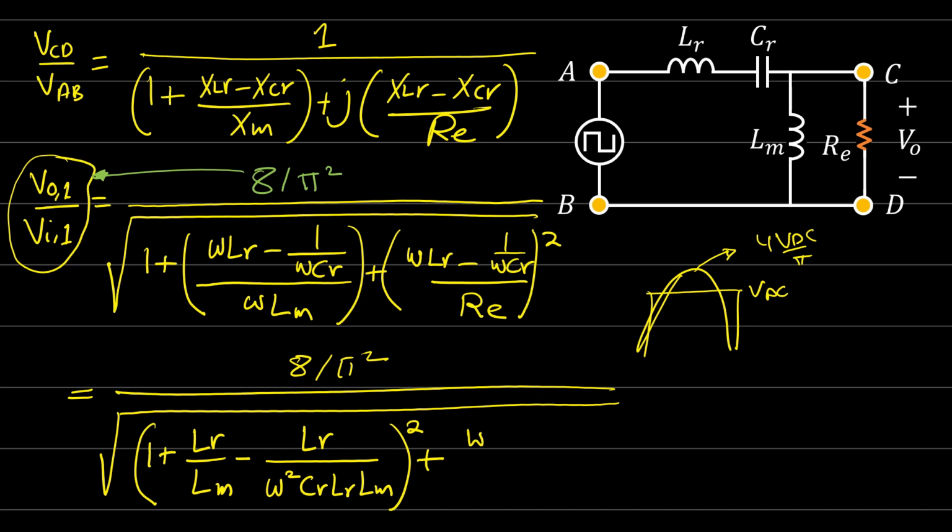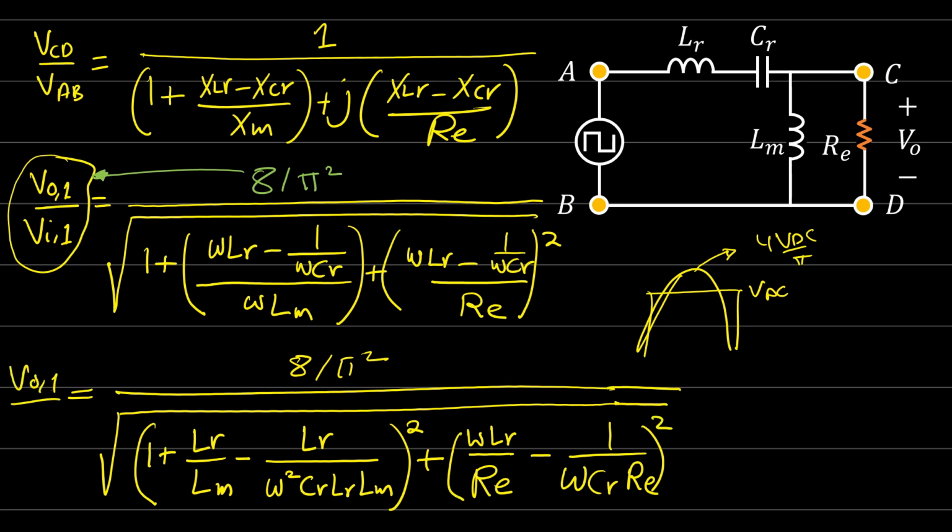Plus omega LR over RE minus 1 over omega CR times RE, and this will be squared as well.